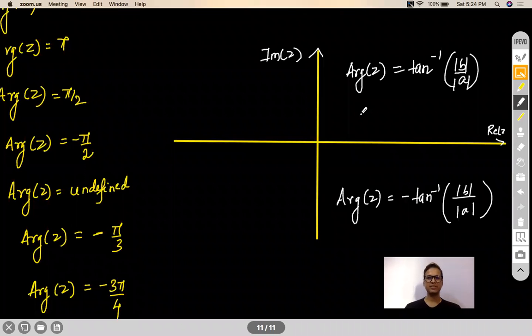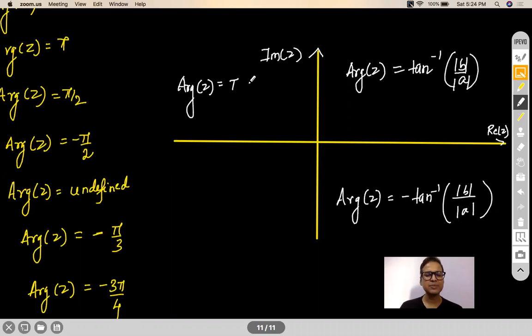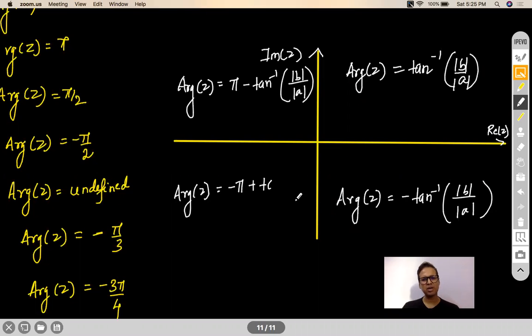If your complex number lies in the second quadrant, your argument is defined as pi minus tan inverse mod b by mod a. And if your complex number lies in the third quadrant, your answer is minus pi plus tan inverse mod b by mod a.